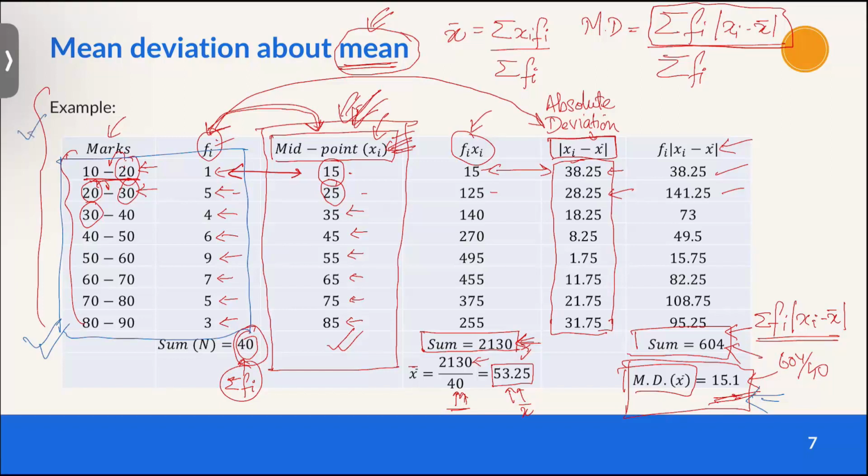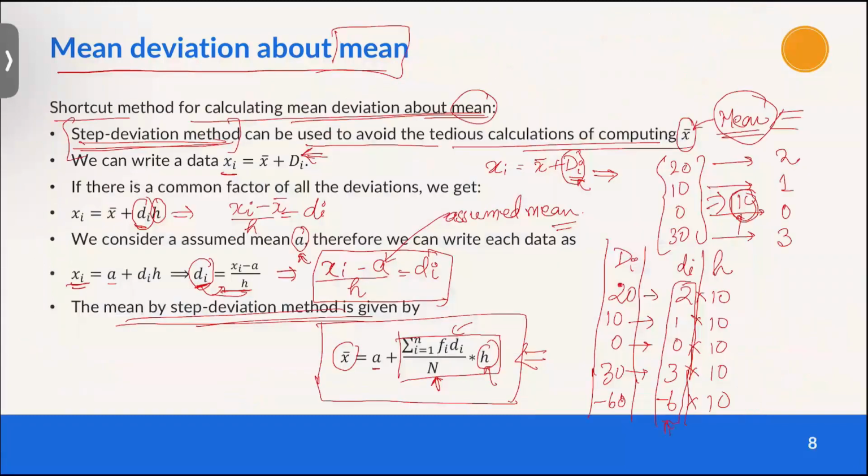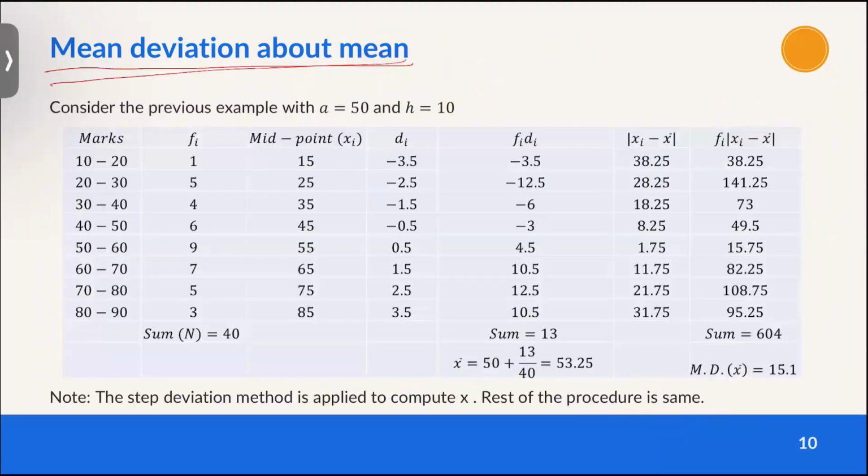In this case, we have just calculated using a normal method. But if we apply the step deviation method, which helps us easily calculate the mean, we will get the same mean deviation, 15.15. Why?